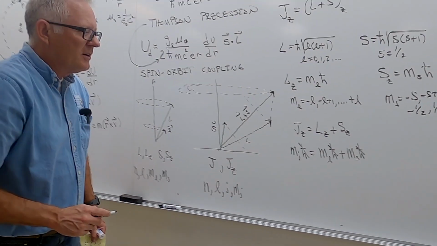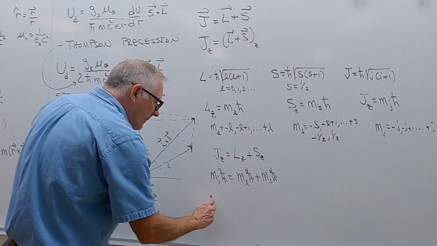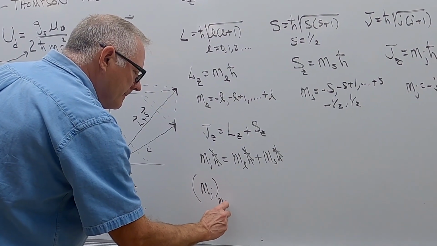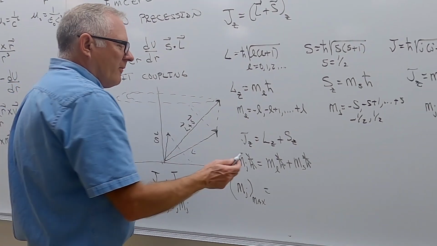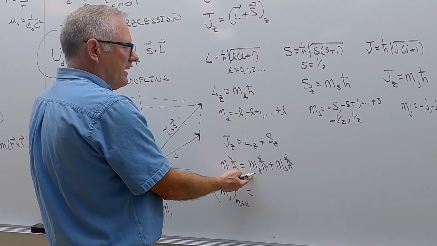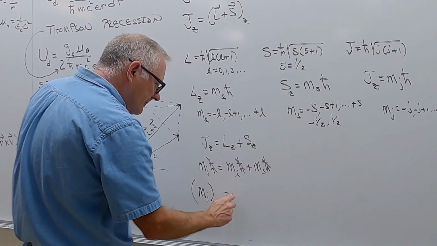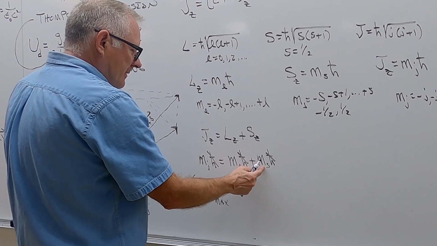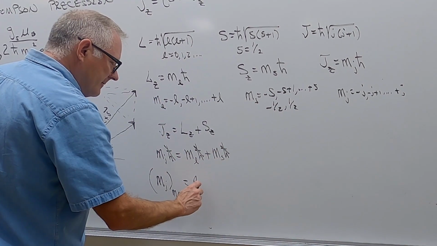But suppose we wanted to know what is the maximum m sub J could be. M sub J, the maximum it can be, is equal to the maximum m sub L can be, which from right here is L, and the maximum that m sub S can be, which is 1/2.